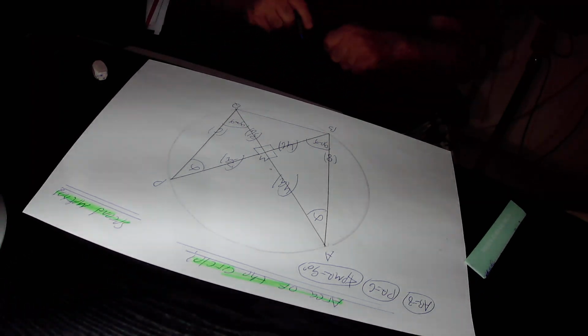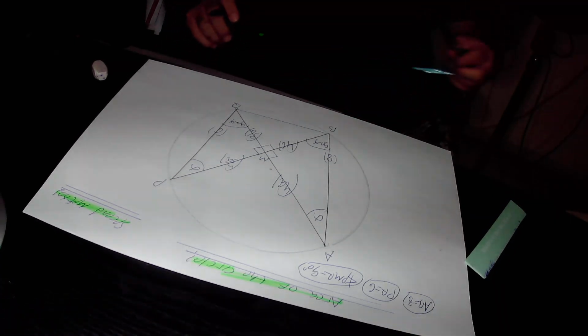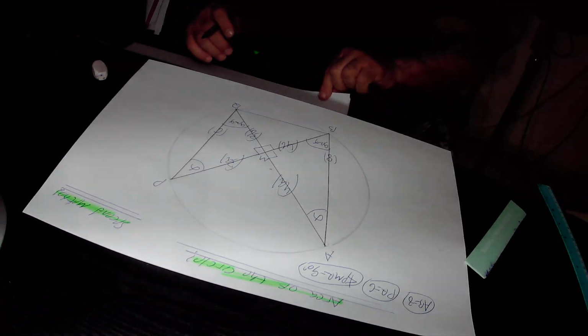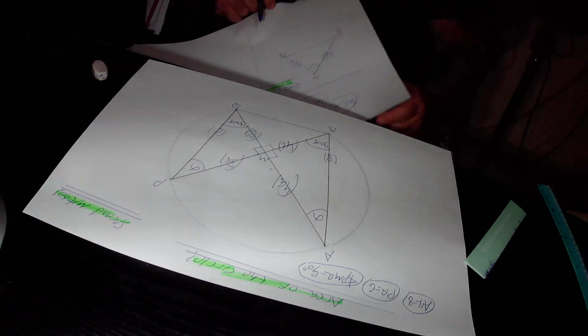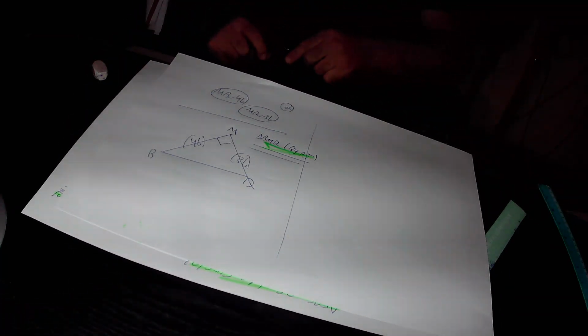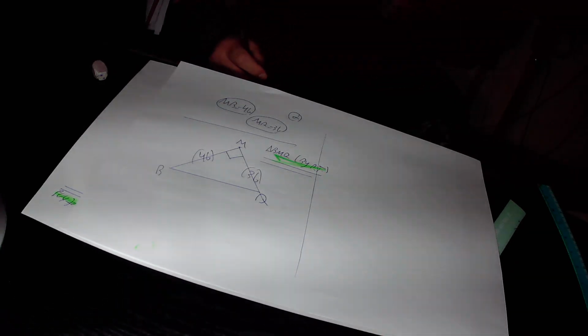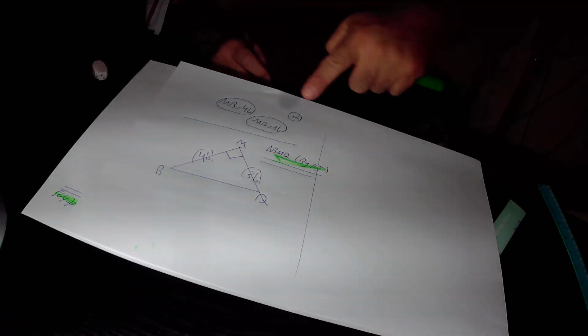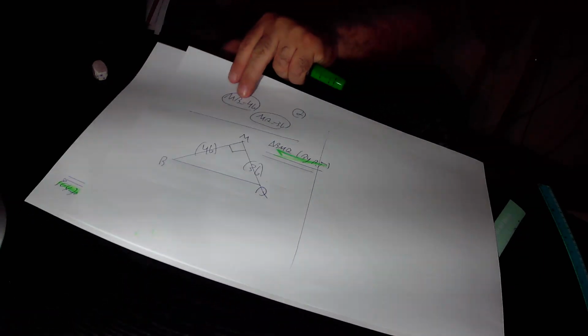So actually, this is the right triangle BMQ that is coming from the original drawing. In this right triangle BMQ, BQ squared, that is the square of the hypotenuse, equals MB squared plus MQ squared. So I write it down.